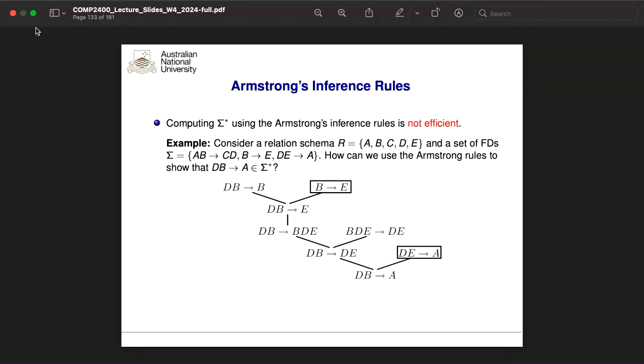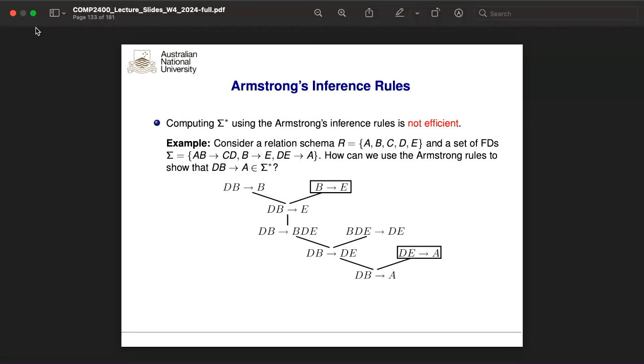In the end, we want to get the conclusion DB determines A, or to show this is impossible. To derive this conclusion, we have to construct some proof. Like here, this is a proof to show it is implied.